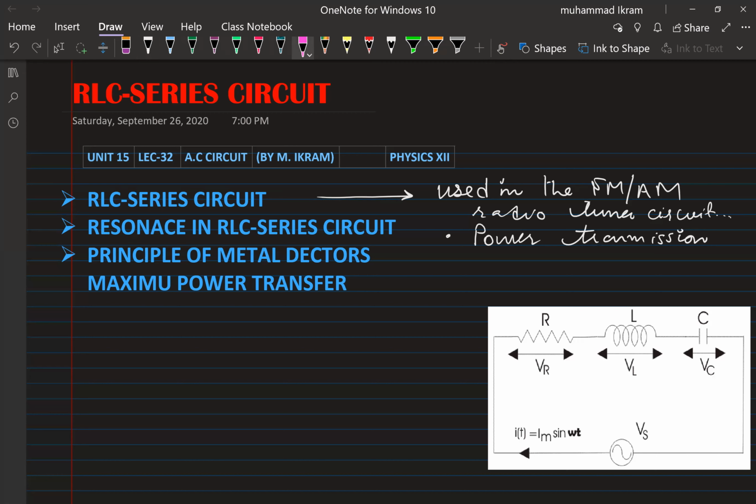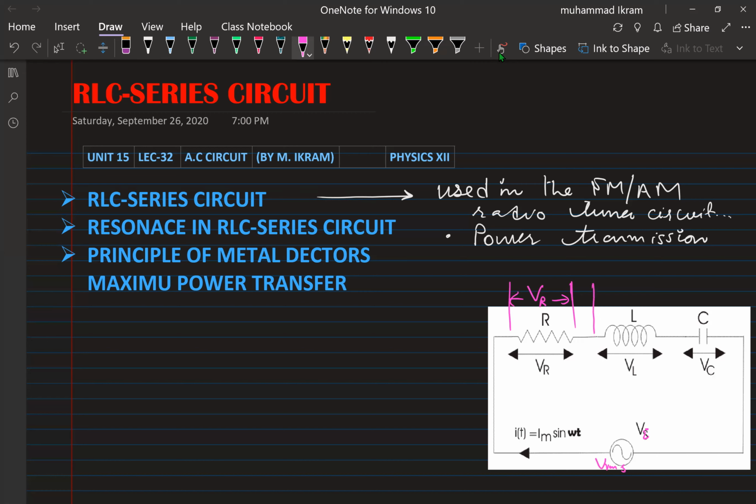Here you see the RLC series circuit. Here is the AC source, the VRMS source, and this is the sinusoidal current that flows in the circuit. This is the instantaneous V. Here we have the voltage drop across the resistor, where the power dissipation is in the form of heat energy.